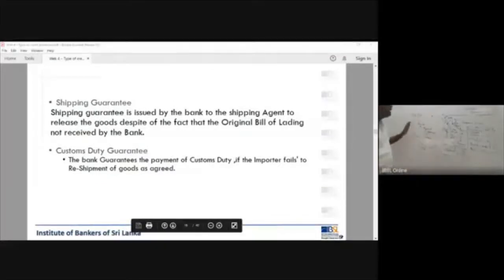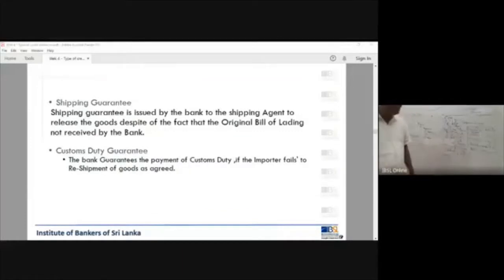Right? Here, like a similar way, there is no contract, all those things. Right.